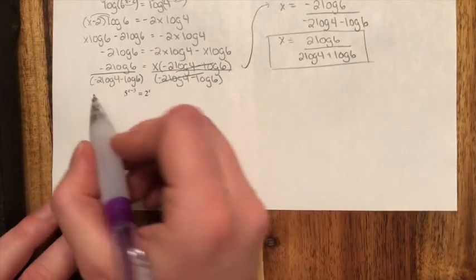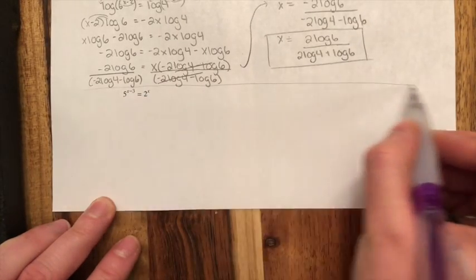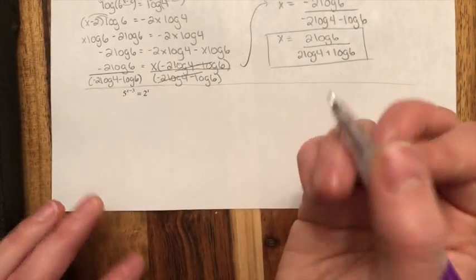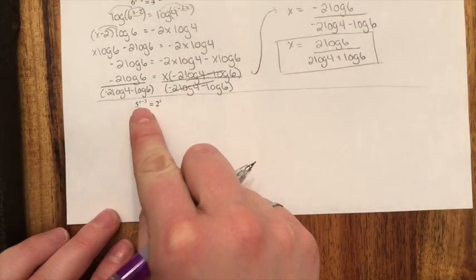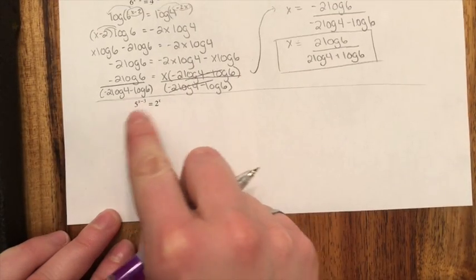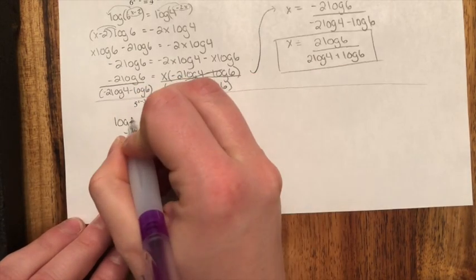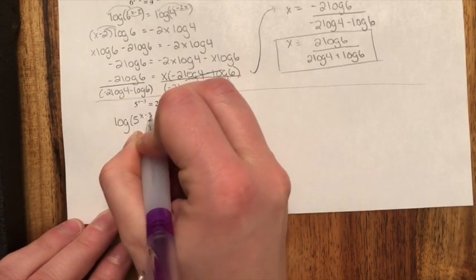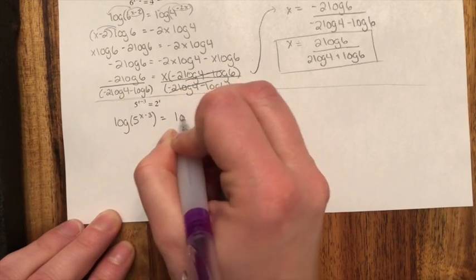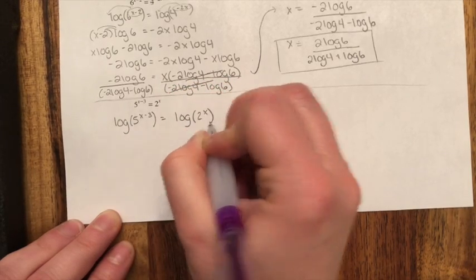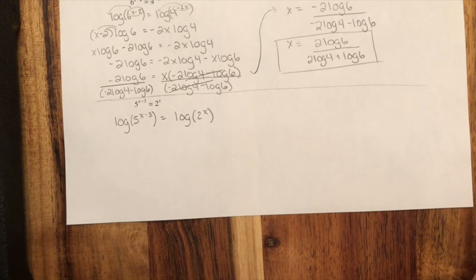Our last example, and this is a little kind of clustered now, but that's okay. Same deal, we've got 5 to the x minus 3 and 2 to the x. We can't get those to the same base. What we're going to do is log both sides. We're logging both sides because it's kind of like square rooting both sides.